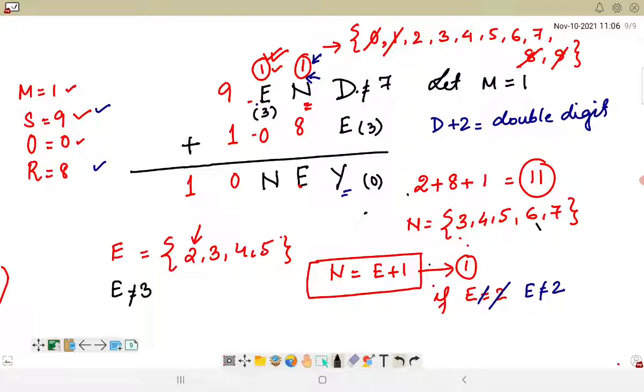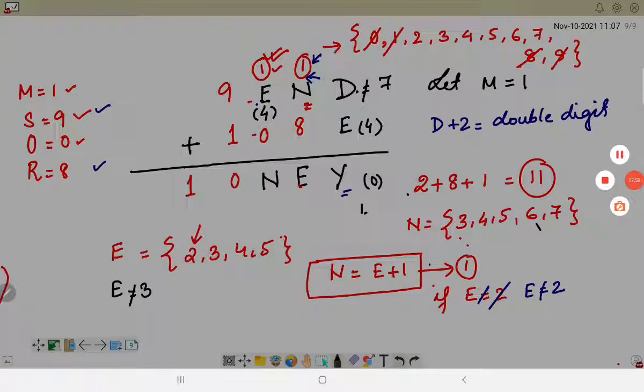Now the only possible option left is E is equal to 4. So let us consider E to be equal to 4 here. Then D can be equal to 6, or D can also be equal to 7, right? 7 is not possible, because 7 plus 4 is equal to 11, so 1 will stay here and 1 will be carried over.